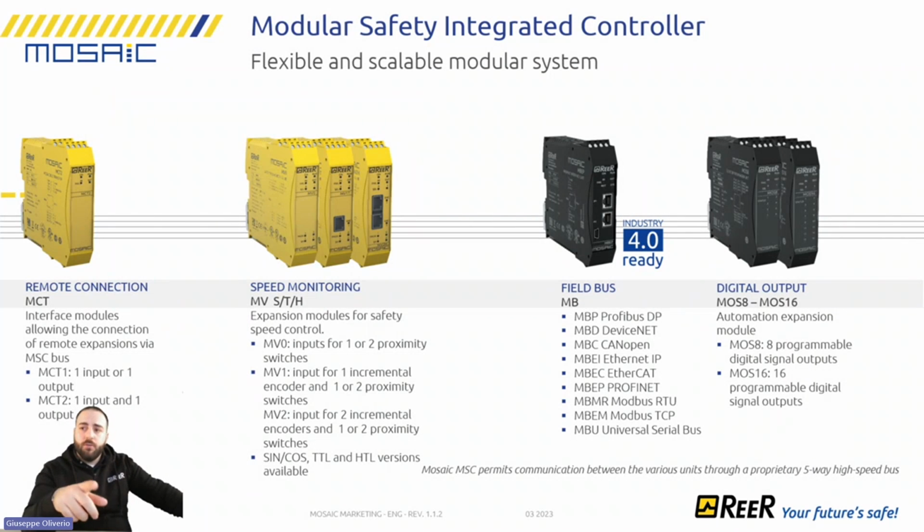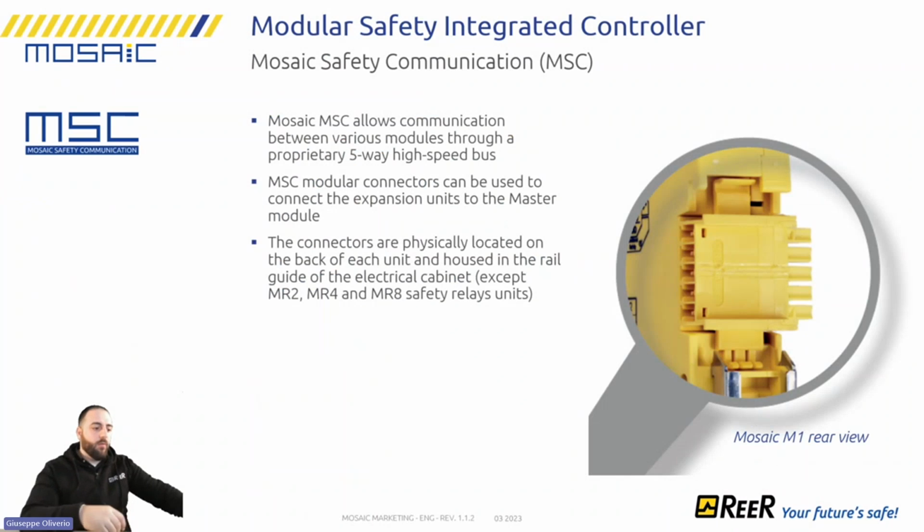The connection between the modules is done by using the MSC connector. So the MSC connector is always provided with our expansion modules. So every time you buy a new expansion module, you will find also the MSC connector.